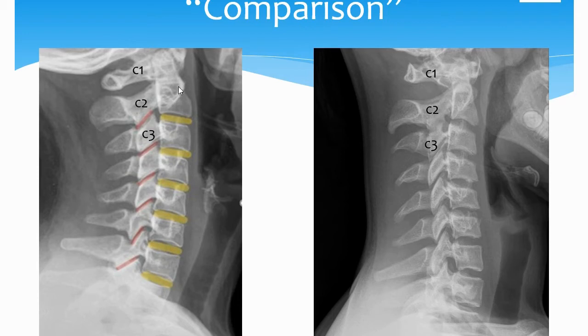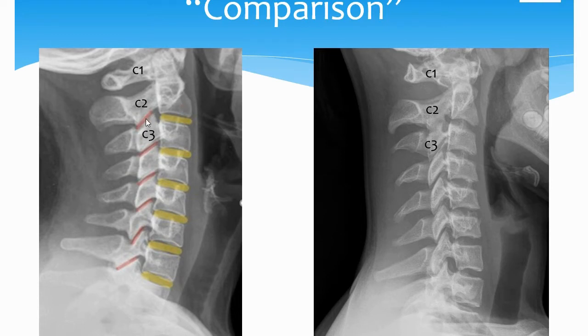We look at the density of the bone to see if there's anything abnormal, and we look at the distances between the vertebrae. We also look at this joint that not many patients are familiar with by name, the facet joints.